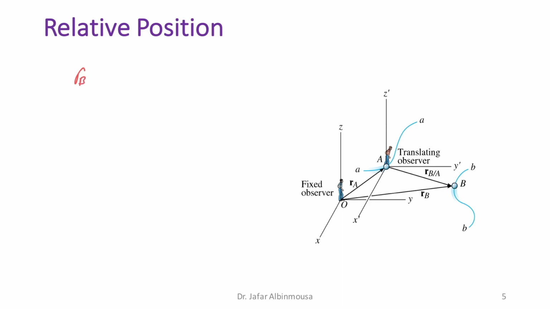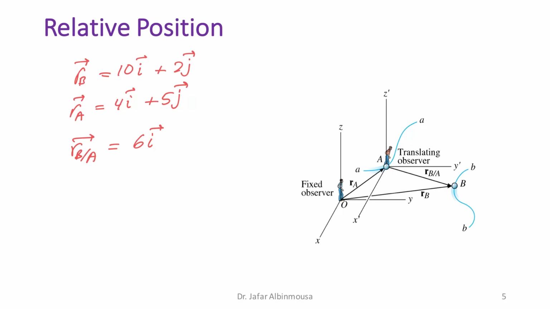If RB is equal to 10i plus 2j and RA is equal to 4i plus 5j, then RB with respect to A is going to be equal to 6i minus 3j.